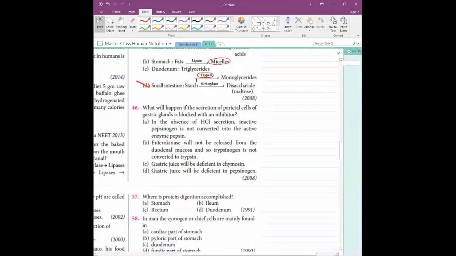Okay, next one. The next question goes to Yukta. What will happen if the secretion of parietal cells of the gastric glands is blocked with an inhibitor?